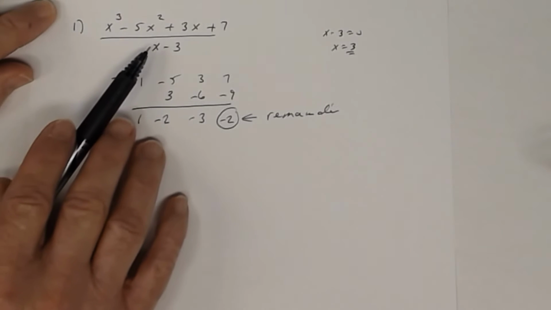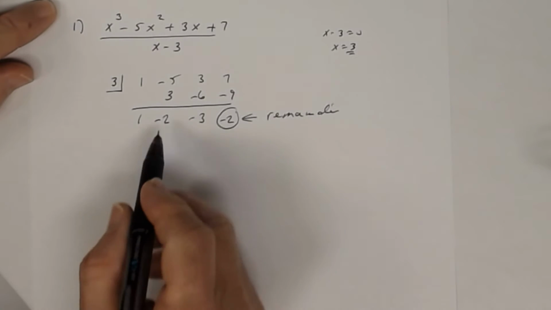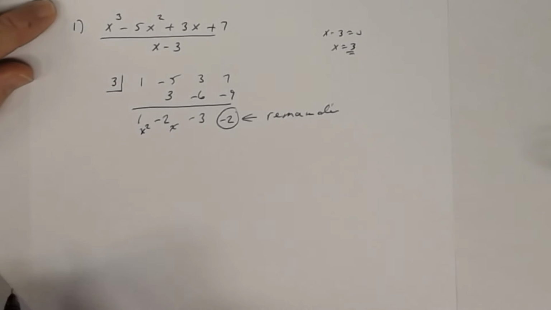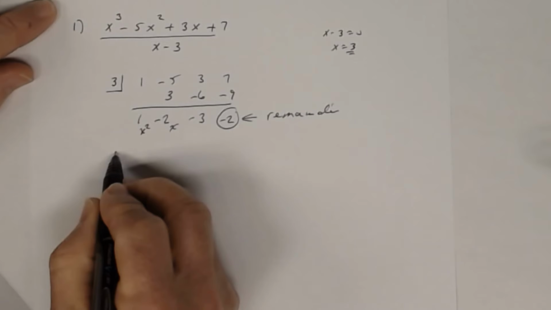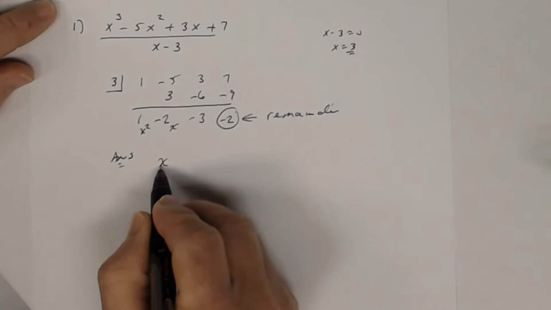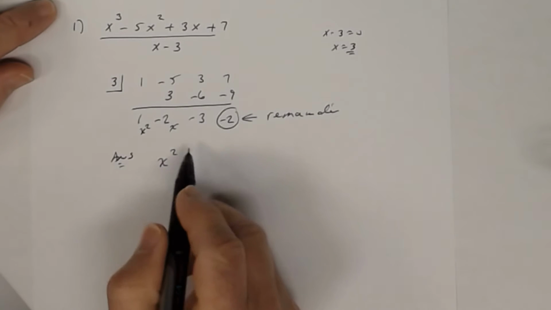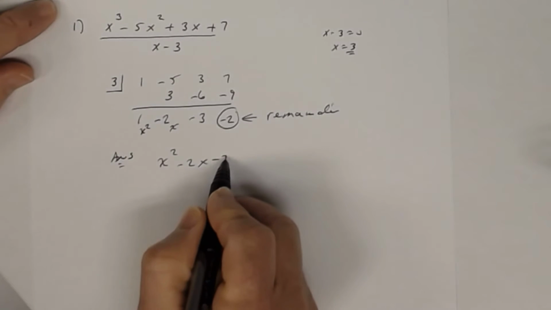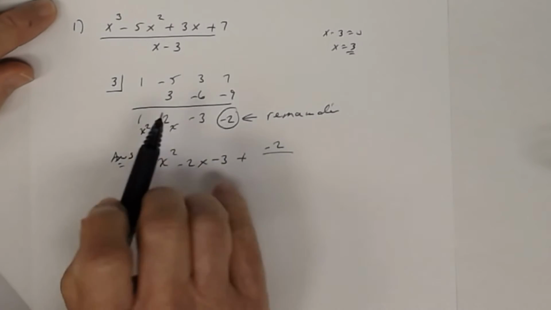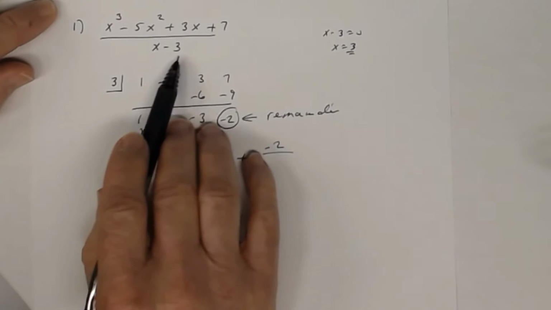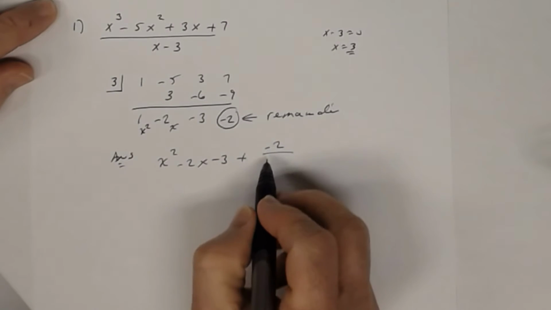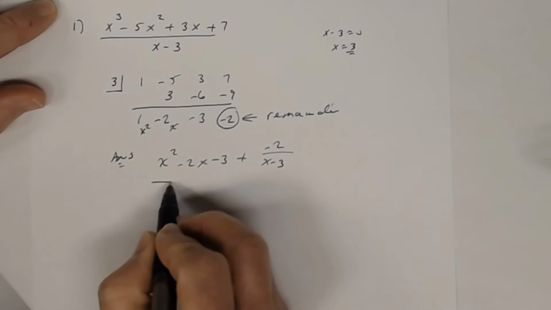So this will be 1x squared minus 2x and your constant. The answer, the quotient, is x squared minus 2x minus 3 plus the remainder, -2, divided by the divisor, which is x minus 3. There's your answer.